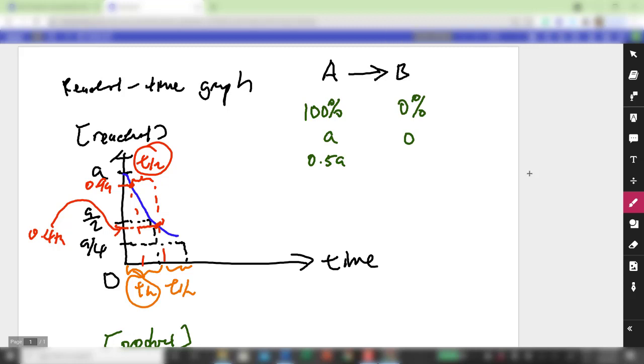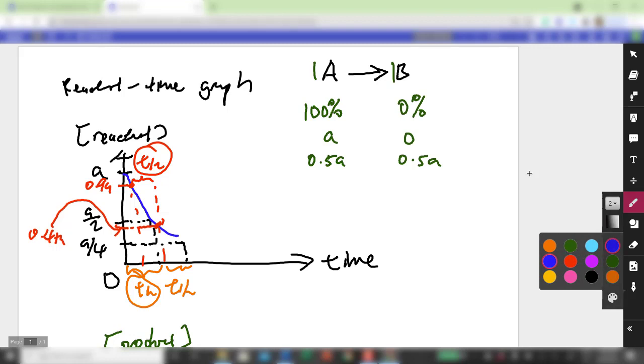That's the amount. And for B's case, I will also get 0.5A. Why is that the case? Because A decomposes in a 1:1 ratio, 1 equivalent of A gives you 1 equivalent of B. So if 0.5A amount of A reacted, I will get 0.5A of B. That makes sense.